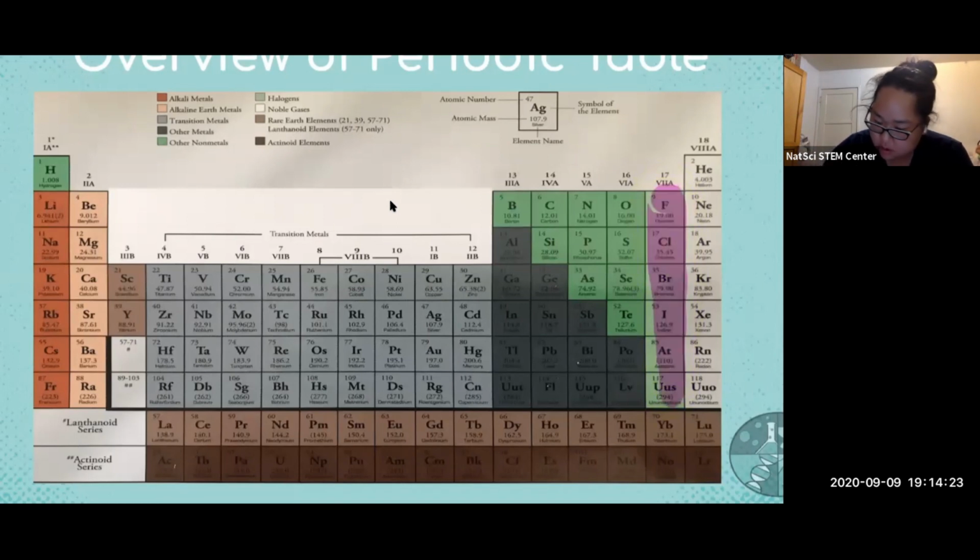Okay. Basically everything in this column right here has a -1 charge.